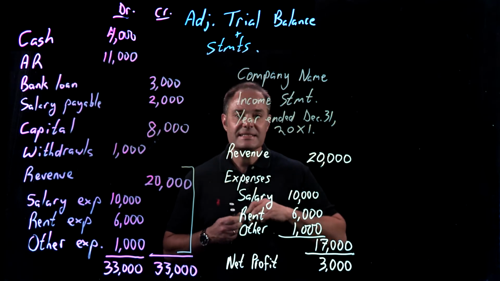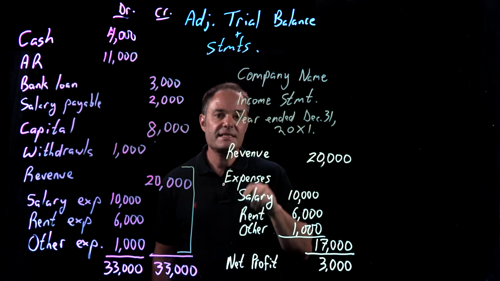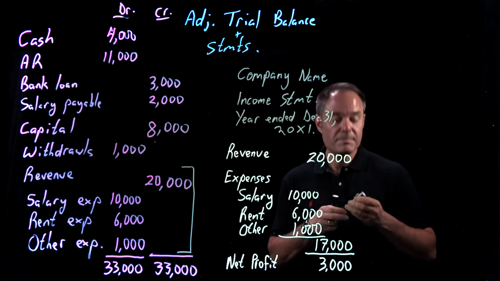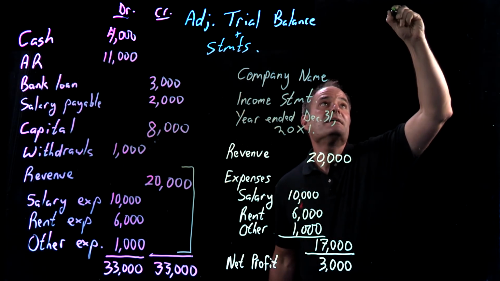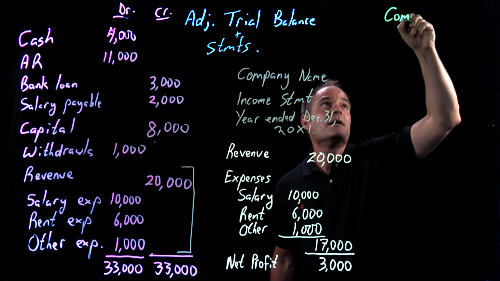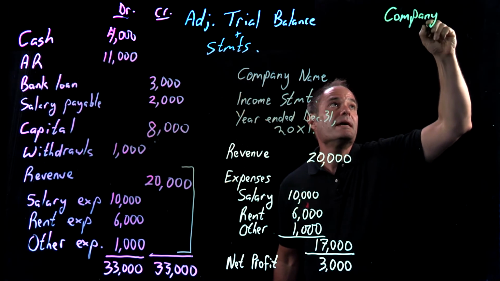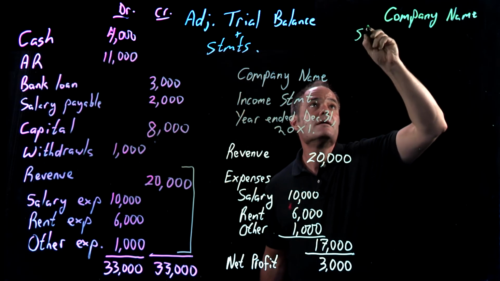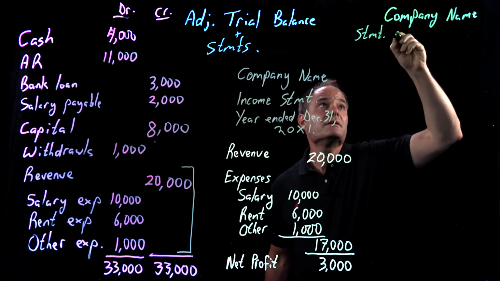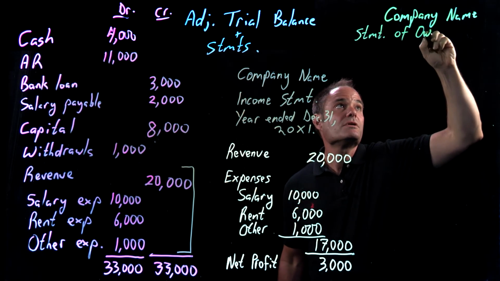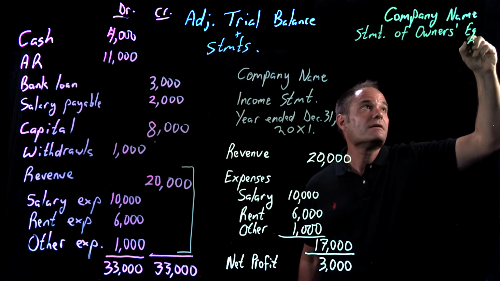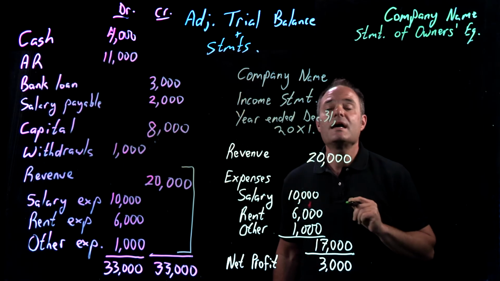Now the second statement that we're going to do is the statement of owner's equity. So let's do that one up here. Pick green for that. Again, company name, statement of owner's equity or owner's capital, and the date.